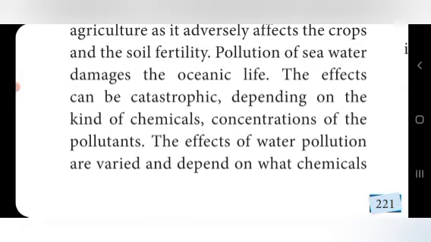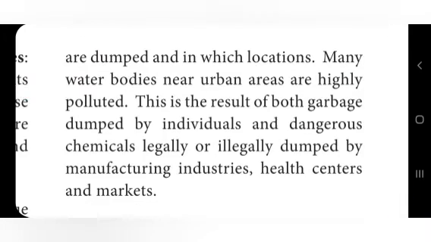The effects of water pollution are varied and depend on what chemicals are dumped and in which location. So it depends upon the dumped wastes, and it also varies with the location. Many water bodies near urban areas are highly polluted because all the urban wastes go into the nearby water bodies.